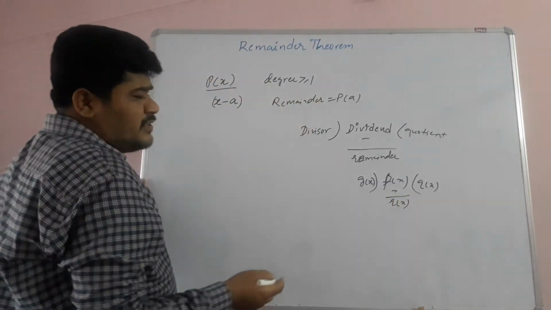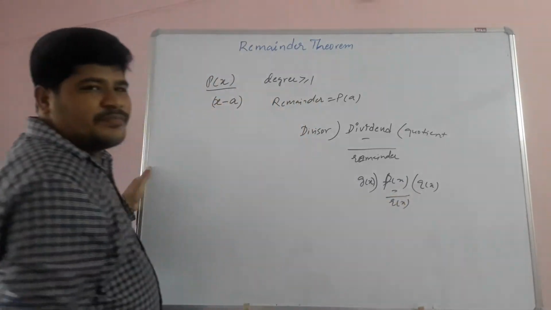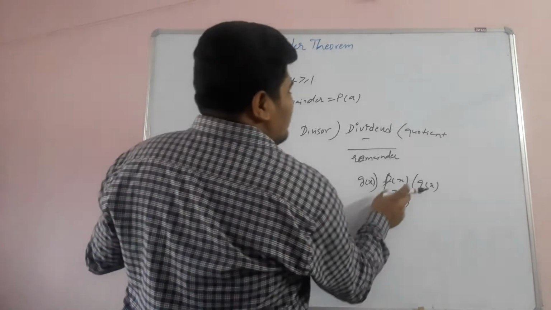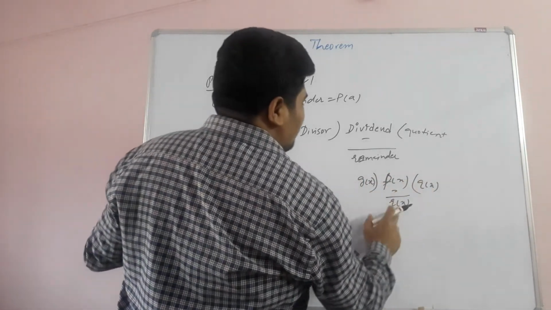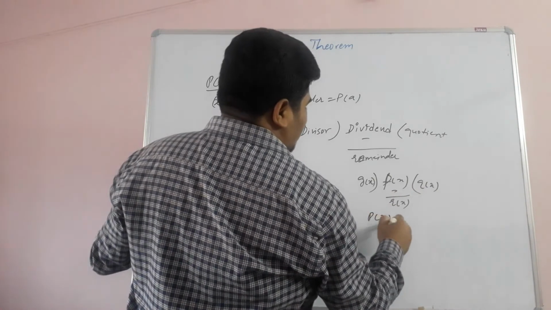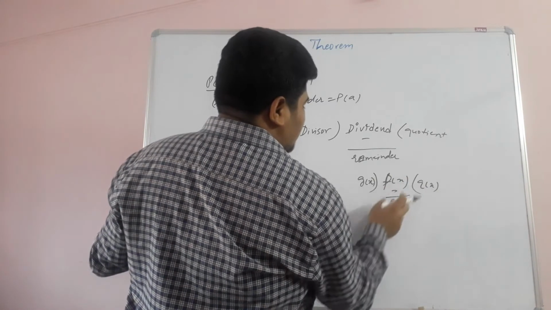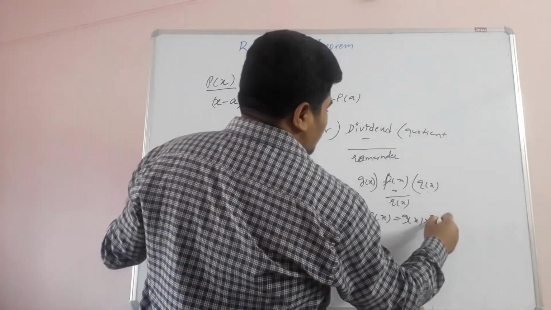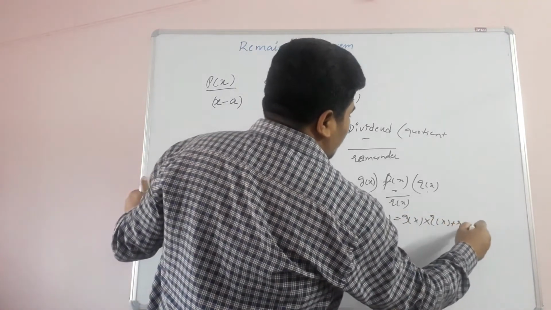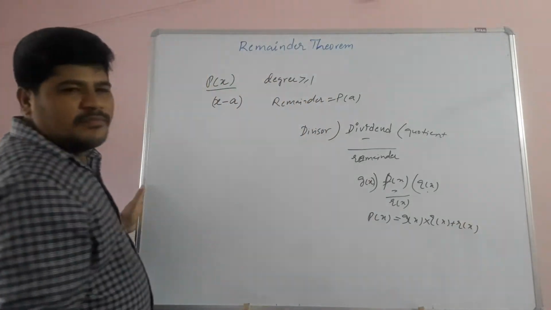In this case, dividend is equal to divisor into quotient plus remainder. So this is called the division algorithm.